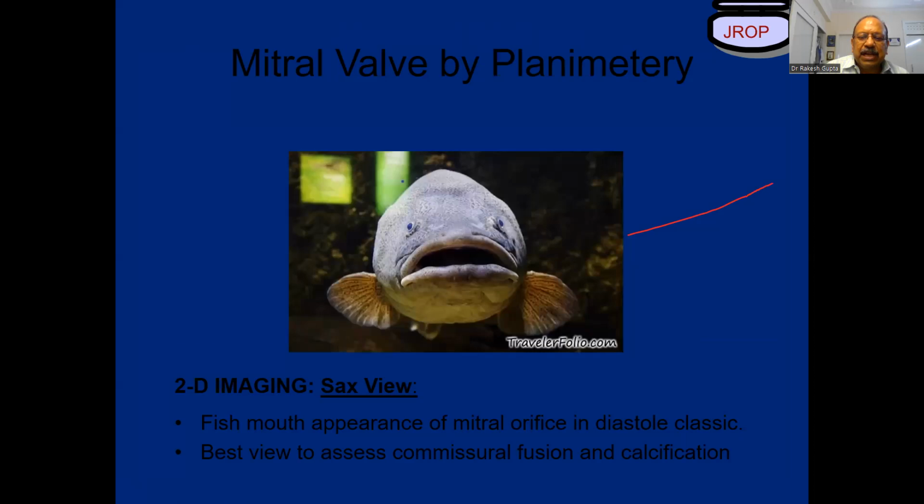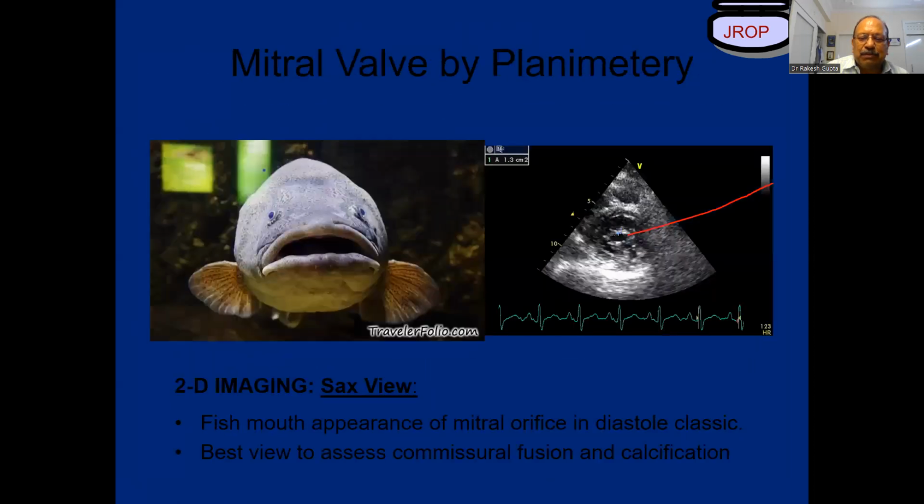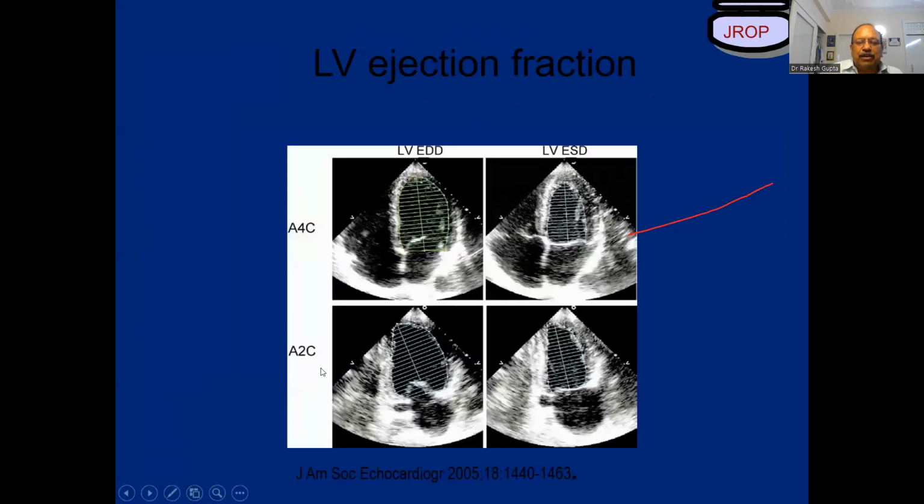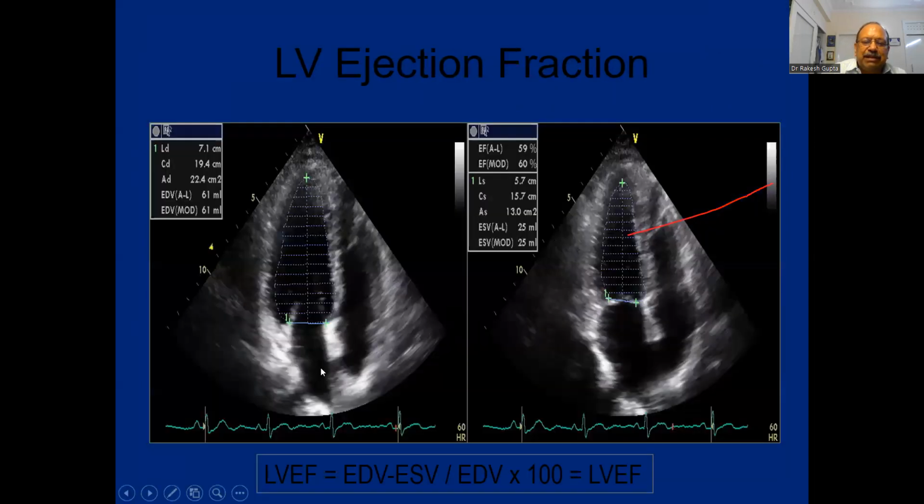Now the question is, how do you get the best possible mitral valve leaflet image in clinical practice? You have to understand some very important basic fundamentals. Look, here are the mitral valve leaflet tips, here is the body of the leaflets, and here is the annulus of the leaflets. What we have to measure is not the body, not the annulus.